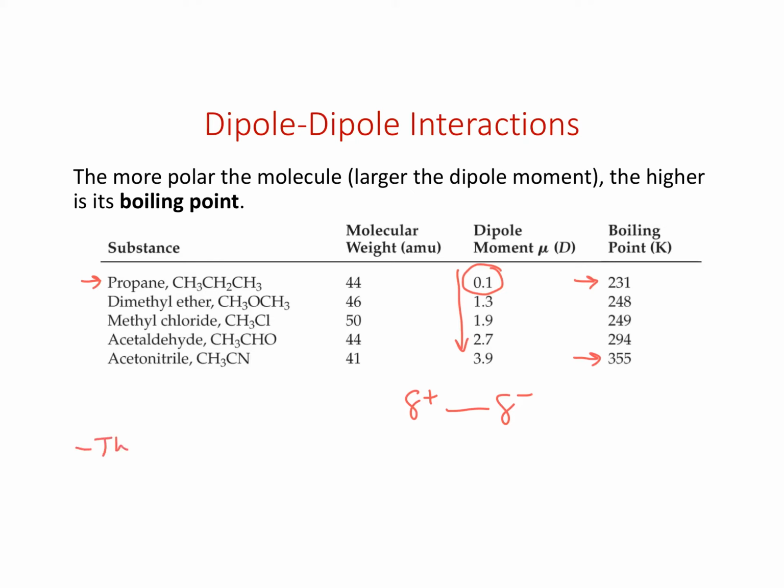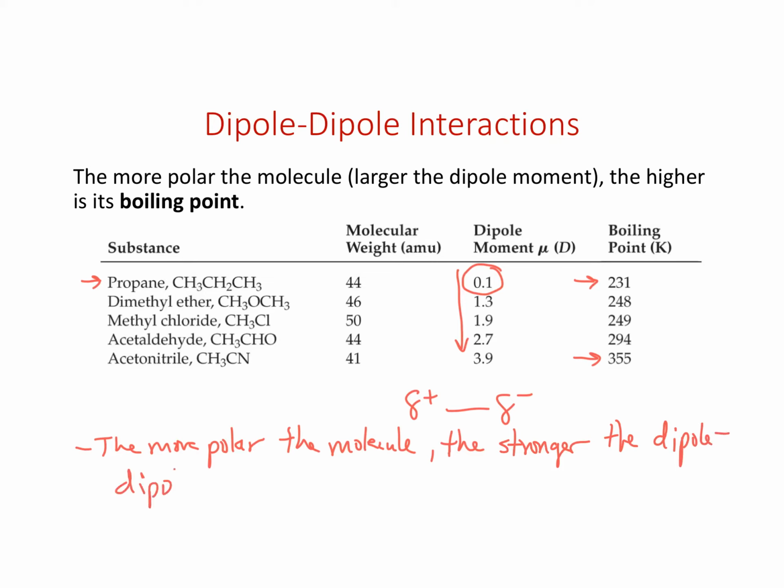So the more polar the molecule, the stronger the dipole-dipole forces, and that's going to result in a higher boiling point.